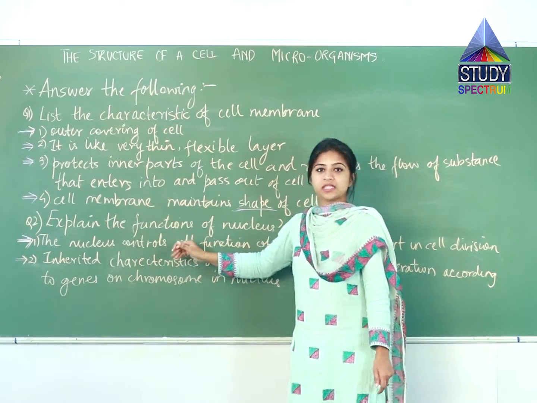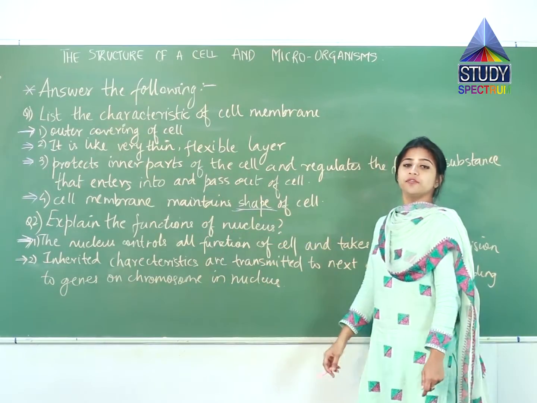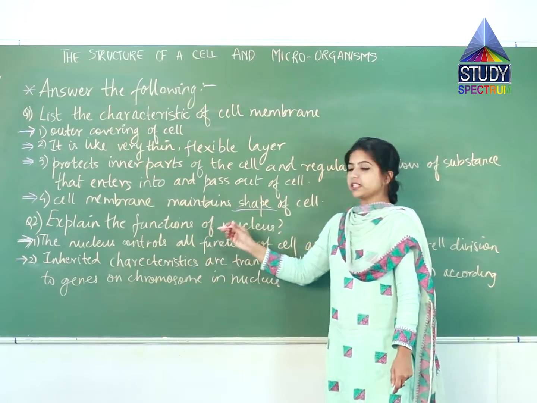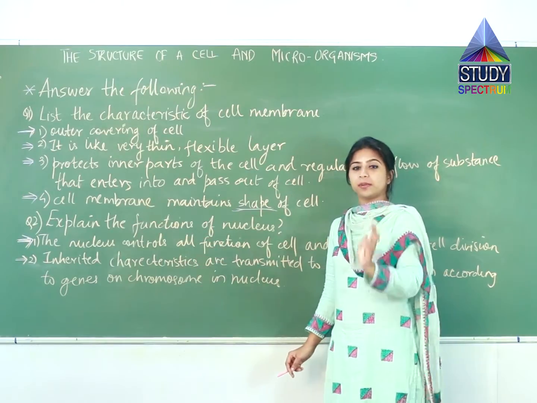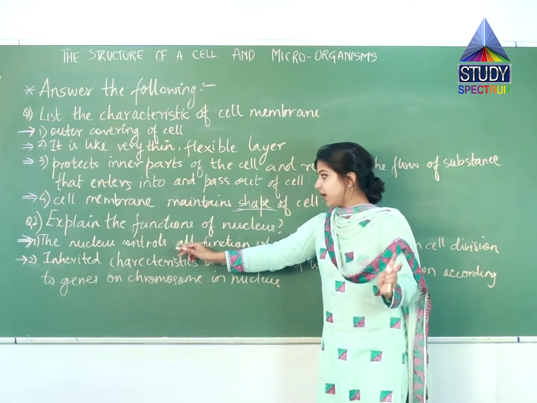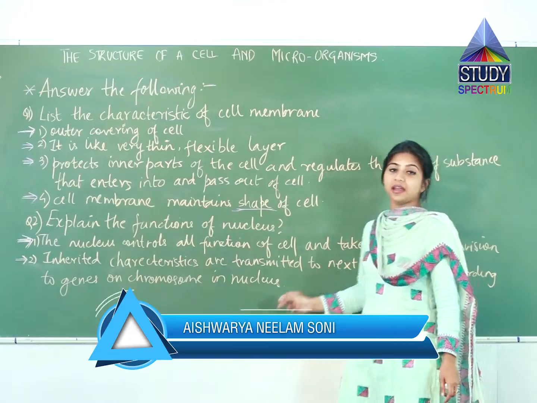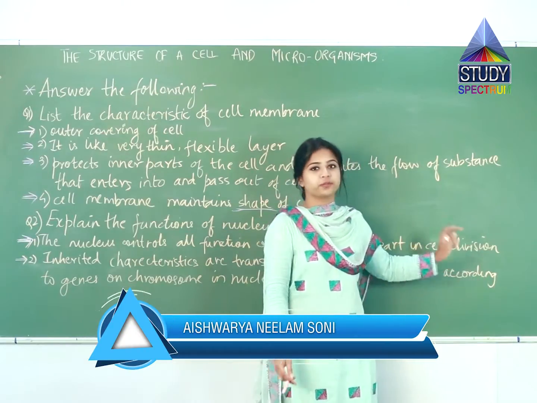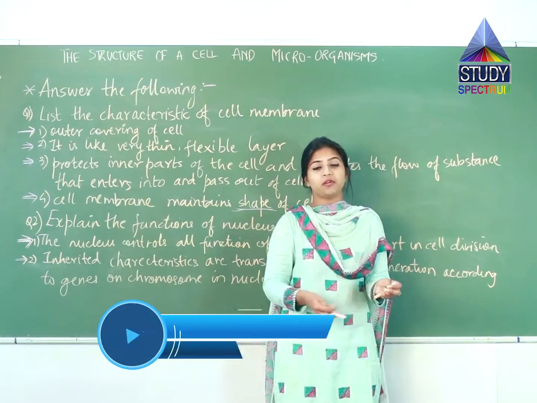So let's move to the next question, that is explain the functions of the nucleus. The functions of the nucleus can be explained by 2 points, and those are the main functions of it. The first one is the nucleus controls all the functions of the cell and takes part in cell division. Now I remember telling you that cells are continuously multiplying and replicating.